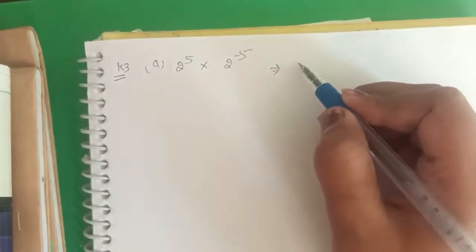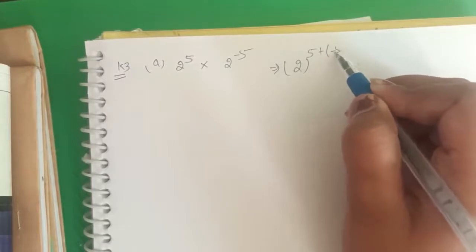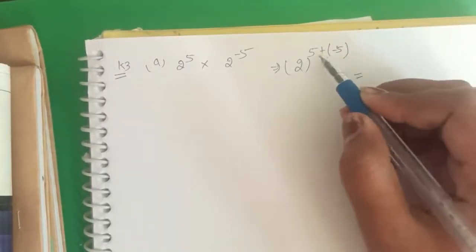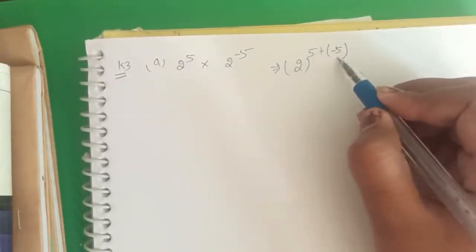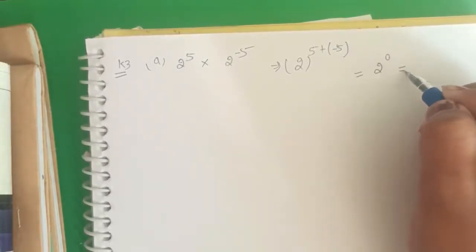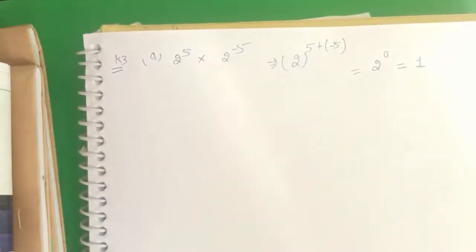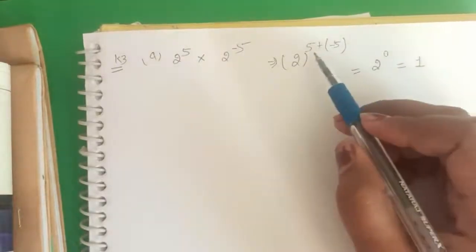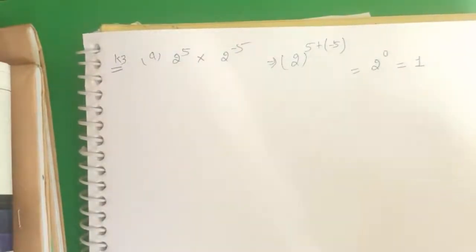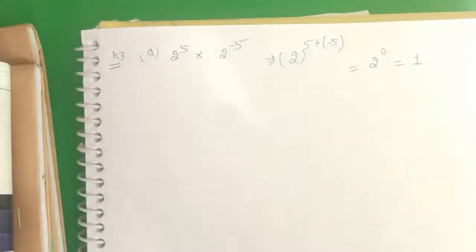Power will be added. 2, 5 plus, this is minus 5. So see, one is positive, one is negative. It gets 0. To the power 0, which is equals to 1. I hope this question is clear to everyone. 5 minus 5, it is equals to 0. So this is equals to 2 the power 0 equals to 1.